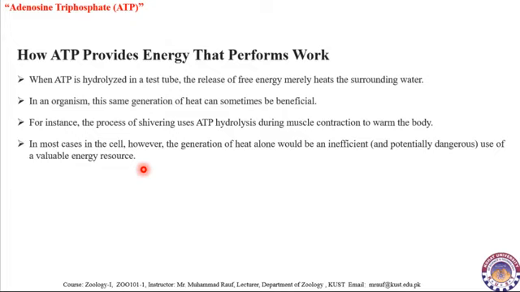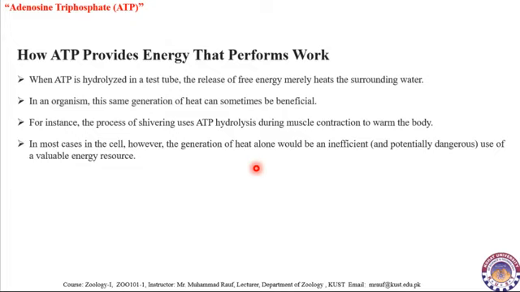Heat, you already know from the second law of thermodynamics that the energy which is liberated in the form of heat is usually a loss of energy, because the heat released in the environment increases the entropy of the system, the randomness, the disorder of the system, and heat cannot perform work.